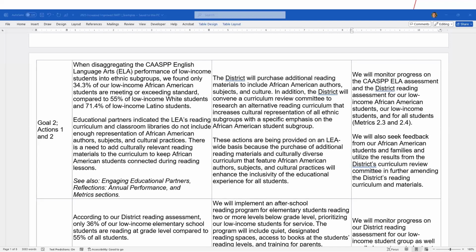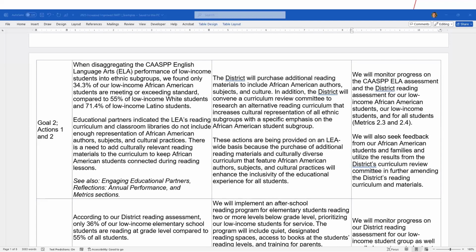And the reason that these particular metrics are broken down by all students, low-income students, and then low-income African-American students is because these actions are supposed to bring up the scores, the academic achievement, of low-income African-American students, low-income students, and all students.